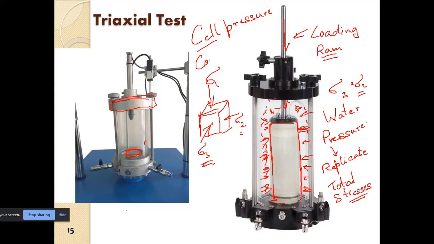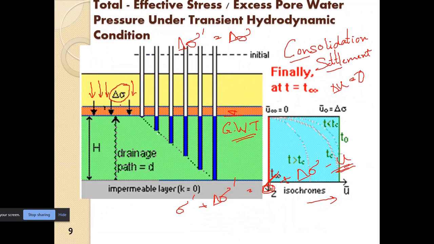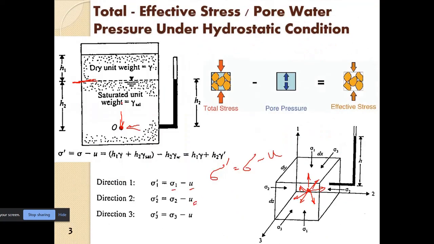Or the total confining pressure, whatever it is there in situ, as we have seen here in this case. So if we see here, we have one element with sigma 1, sigma 2 and sigma 3.